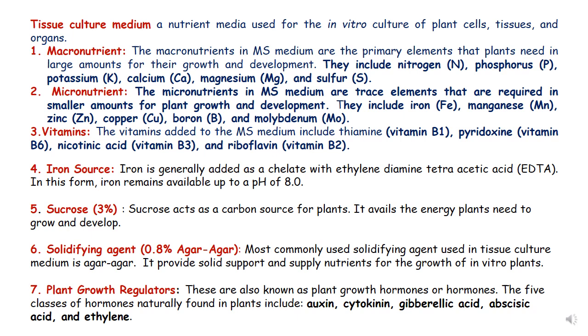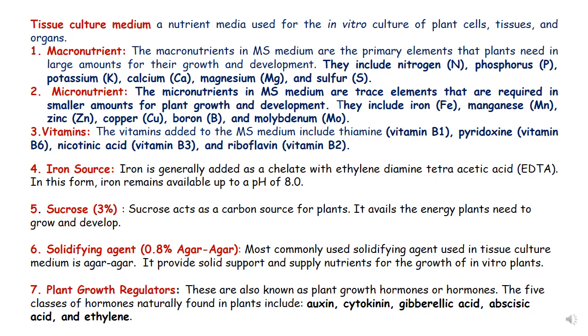So 3% sucrose is used as a source of carbon for the growth of plants, and also if we want to make a semi-solid medium, then we need a gelling agent or a solidifying agent. So agar-agar is the most widely used gelling agent in plant tissue culture, and the percentage which is used for solidifying or making the medium semi-solid is 0.8% agar-agar.